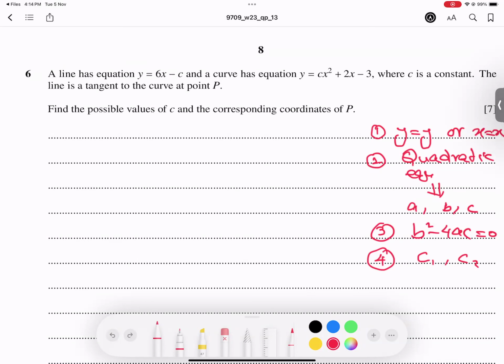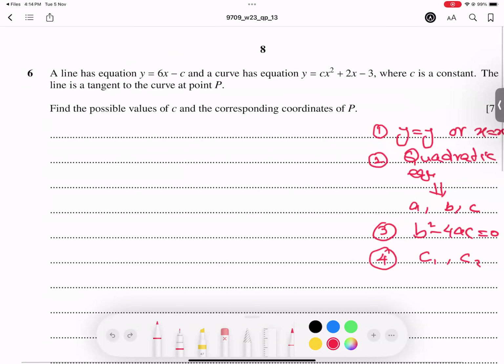So what is step number 1? y equals y. So y and y are equal to each other. This whole thing coming here, you can say this y value is replaced here. This is called the substitution technique. So cx squared plus 2x minus c is equal to 6x minus c.